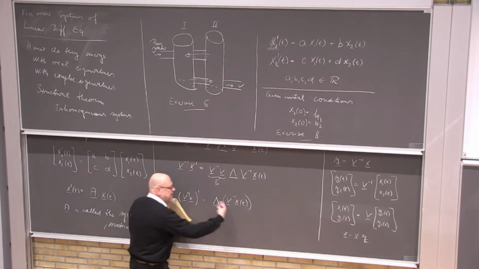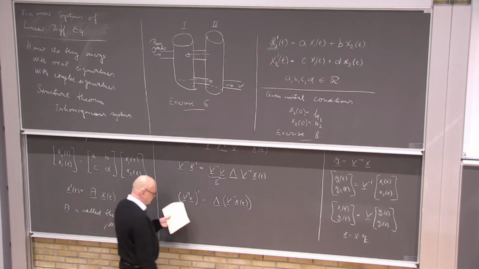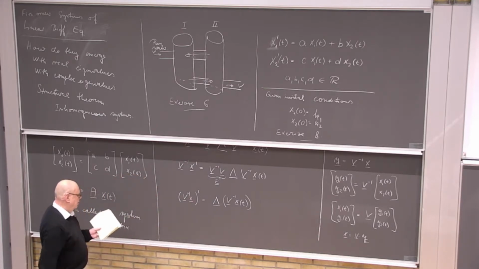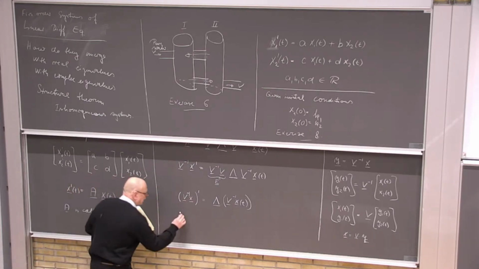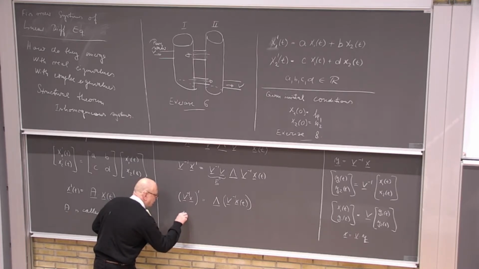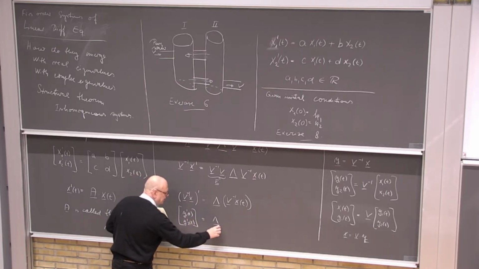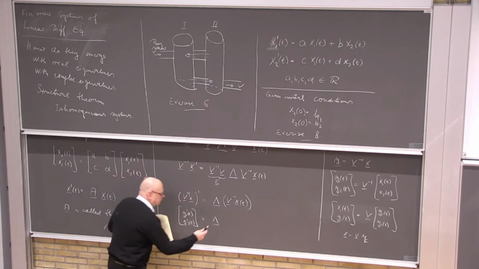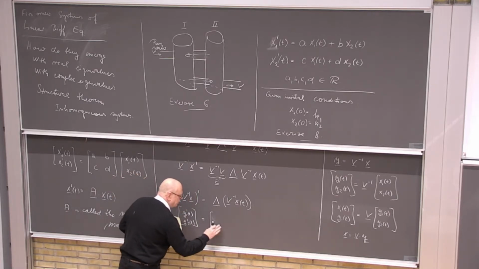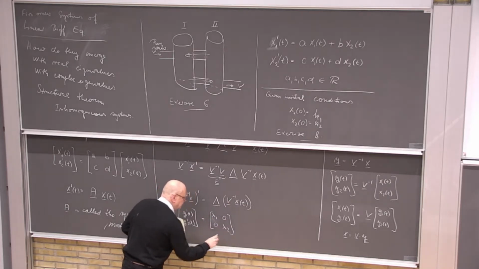So let me write this equation here in new variables. So I have y1 and then y2. This is the left-hand side, and on the right-hand side I have, let me just write it out. You remember that this diagonal matrix, you have lambda 1, 0, 0, lambda 2.